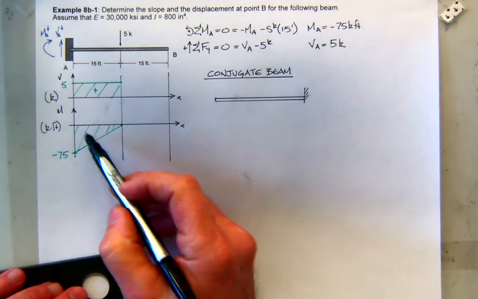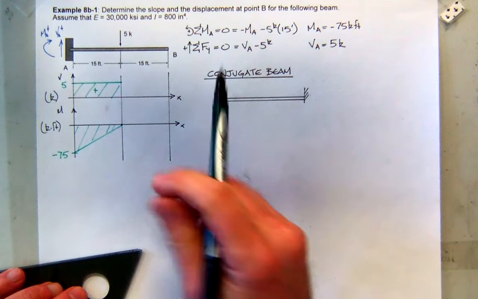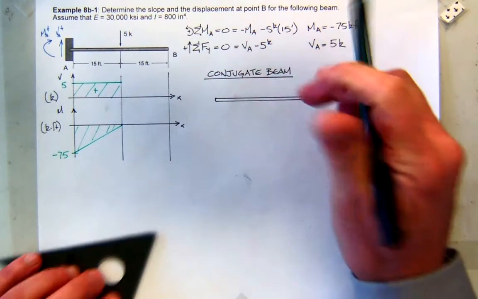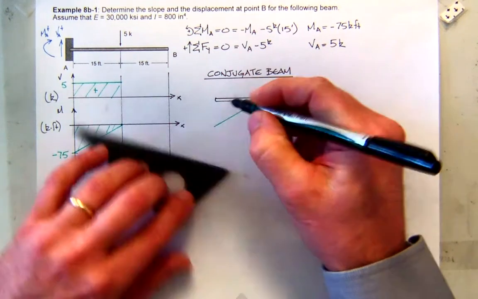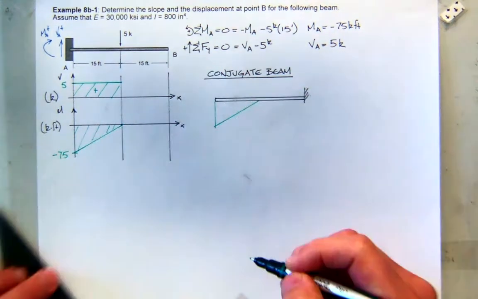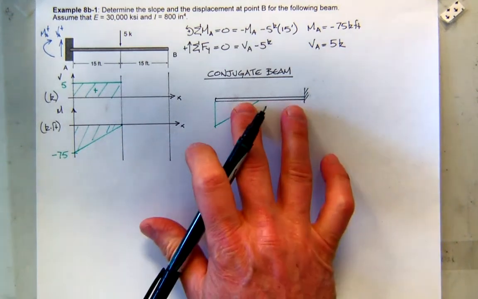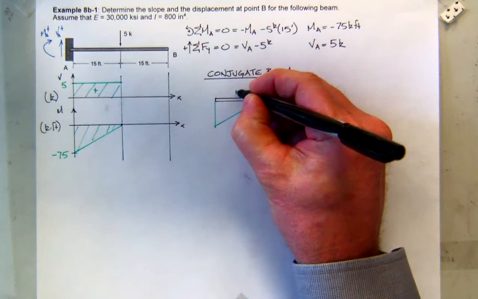And now I'm going to take this moment diagram and apply it over here. What I like to do is just take the moment diagram, pick it up and drop it right on there. See that? It's almost like you could take that and just slide it right over and drop it right on there. So this will still be 15 feet.